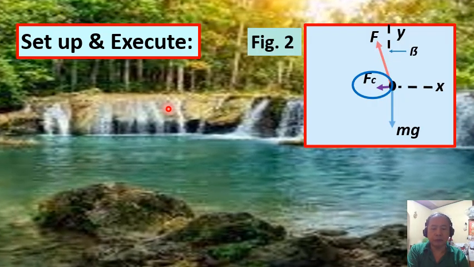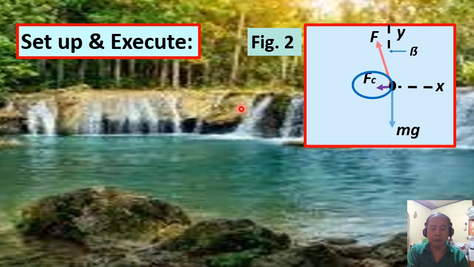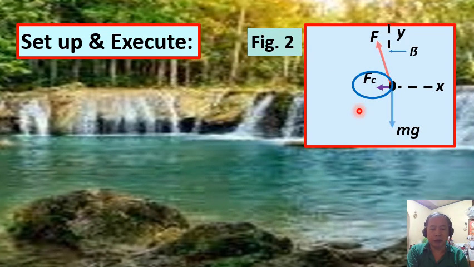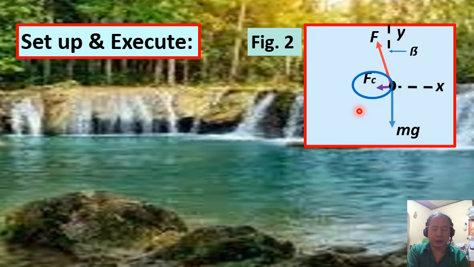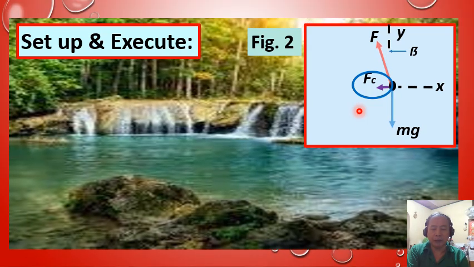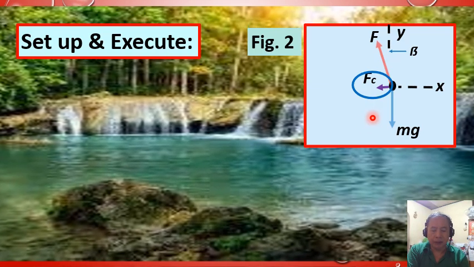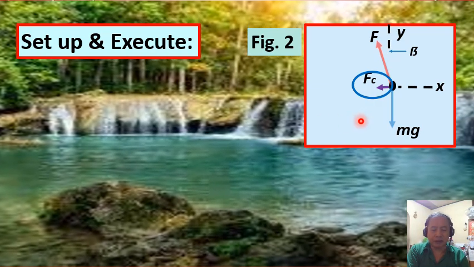For our solution, we first identify the forces acting on the bulb. The figure here shows our free body diagram and coordinate system for the bulb at a particular instant. There are just two forces acting on the bulb.